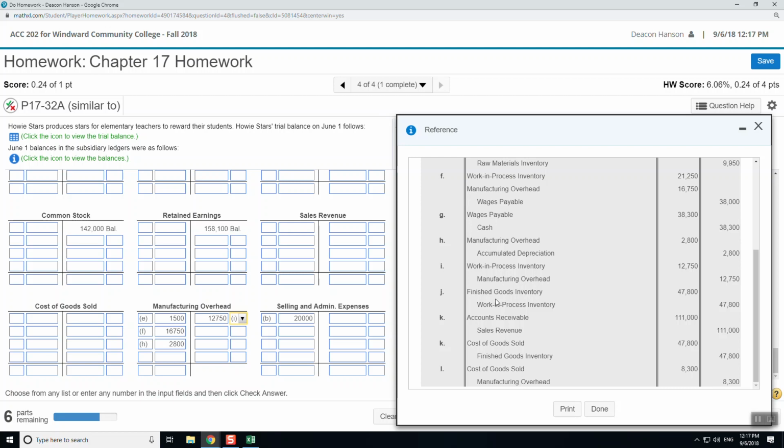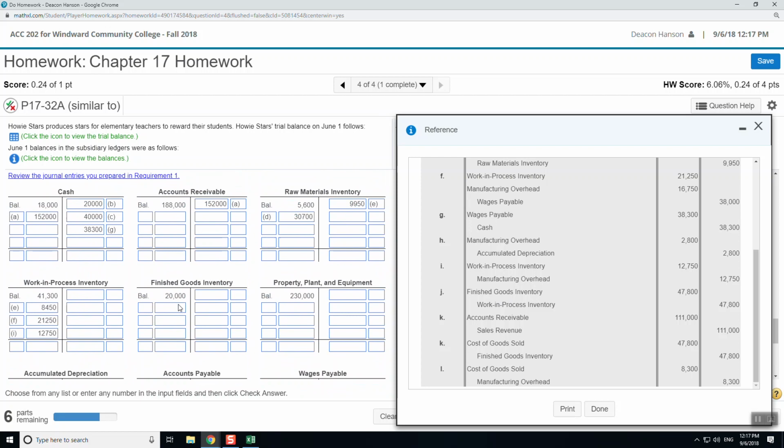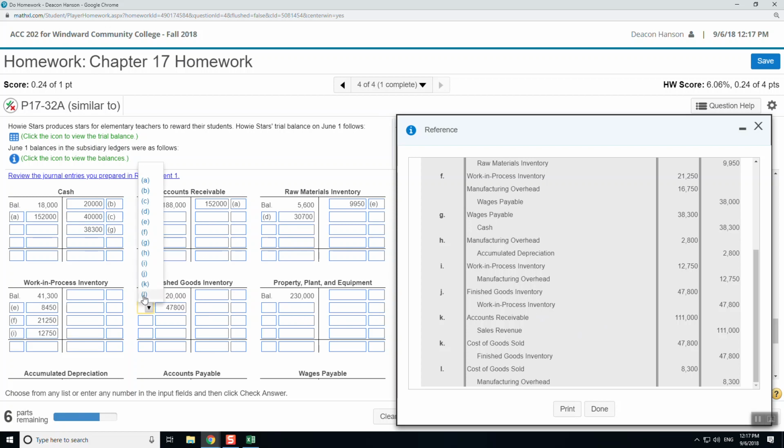Okay. J, finished goods. That's when the job 120 got completed. 47,800. J. And it came out of work in process.